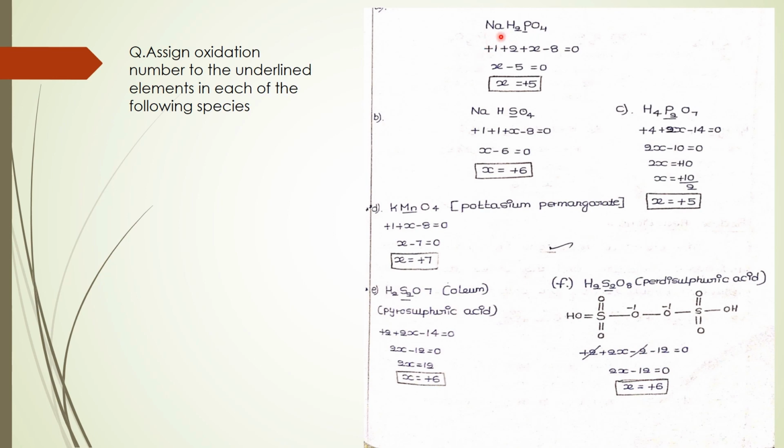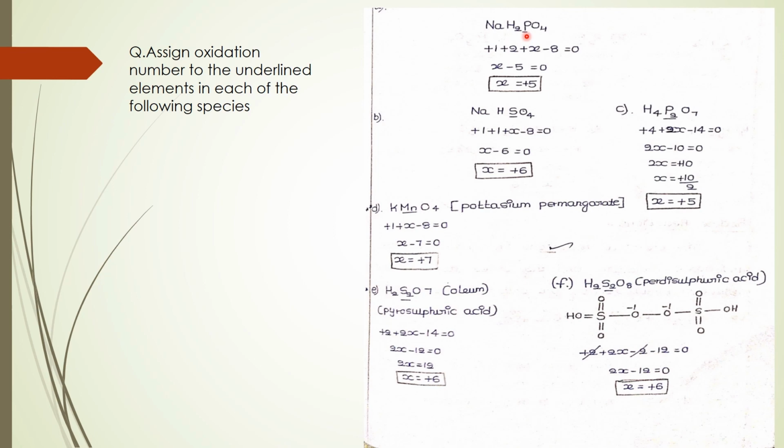Here the sodium oxidation state is +1 because sodium belongs to first A group, so the oxidation number is equal to group number. And one hydrogen oxidation state is +1, so here two hydrogen atoms are there, so the total oxidation number for hydrogen is +2.